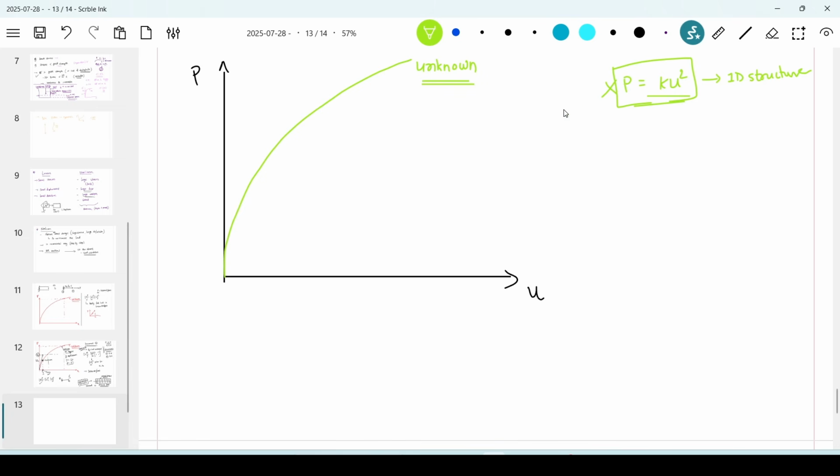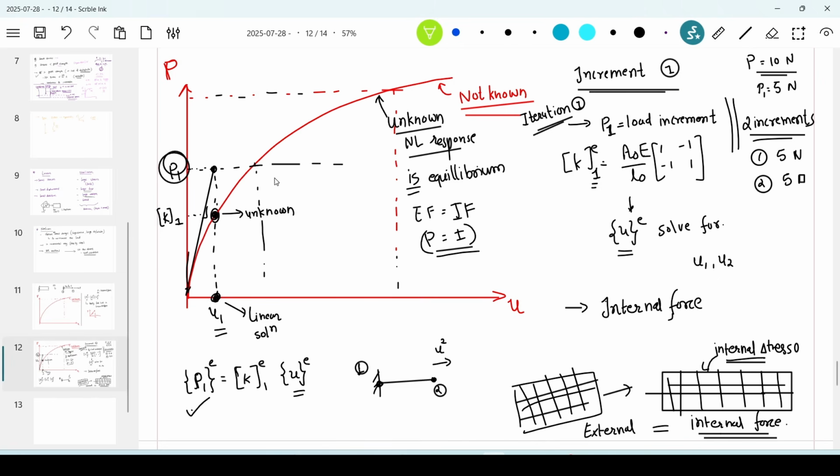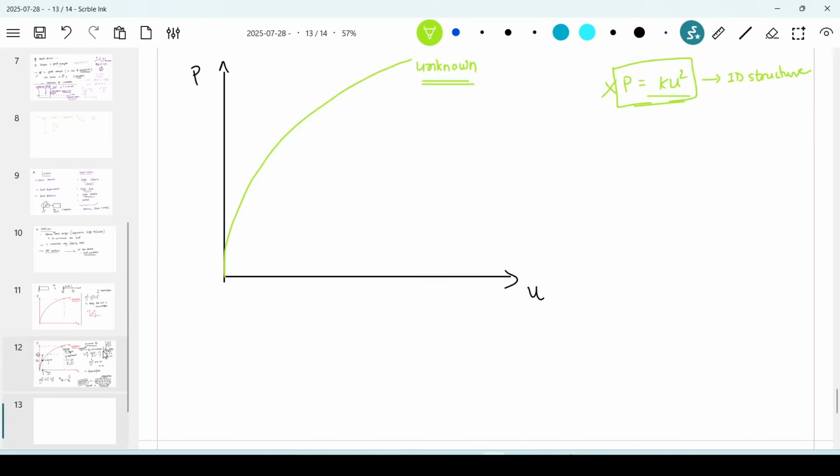What this represents is, for this example what I have taken here, node 1 is fixed. So I want to find u2, right? u1 is 0, u2 is what I need to find.